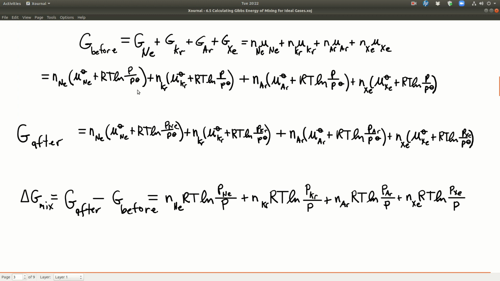And when we do the subtraction, natural log of A minus natural log of B is natural log of A over B. The 1 bars cancel, and we get the partial pressure of that gas divided by the total pressure before. So we get that expression for each of the components of the mixture. So this is delta G of mixing.